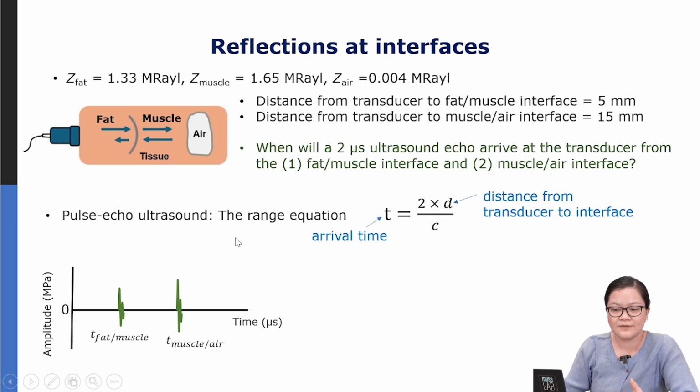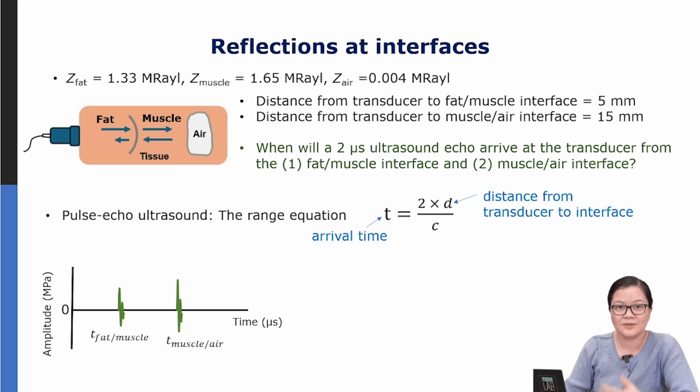If you detected the signals from the interfaces, which you can get from an oscilloscope and plot as a function of time, you would get a signal that looks something like this, with high amplitude signals at the interface of fat and muscle and another between muscle and air. As you would remember from the previous lecture, we calculated the reflection coefficient of muscle and air.